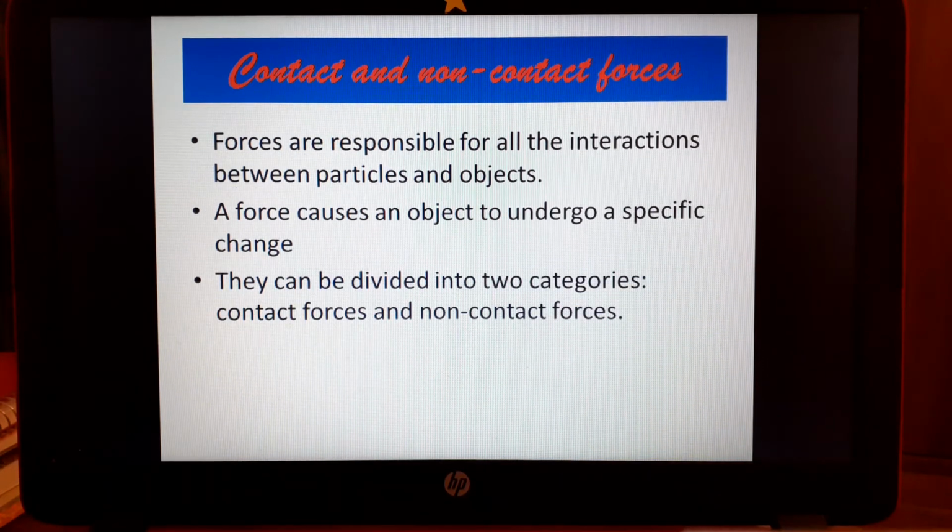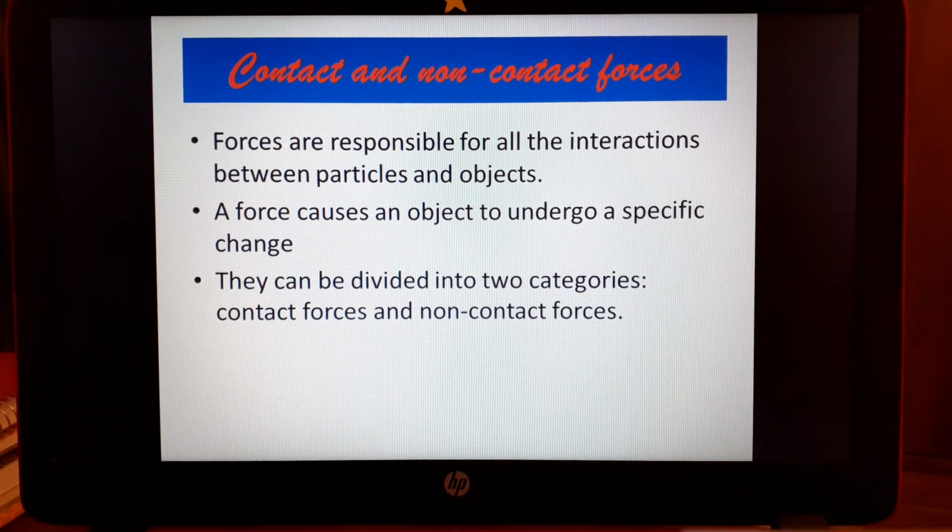So, whenever an object moves, stops moving, or changes shape, we say force has acted on it. Therefore, force is defined by a change in position of an object, a push or pull, or a change in shape.